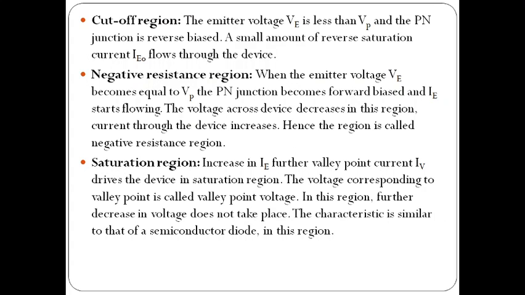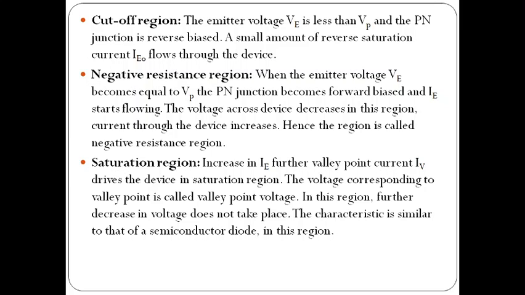In the cutoff region, VE is less than VP, so the PN junction is reverse biased. We know that reverse saturation current will flow in this device. In the negative resistance region, when the emitter voltage is greater than VP, the PN junction becomes forward biased, current starts flowing, and then the voltage across the device will decrease.